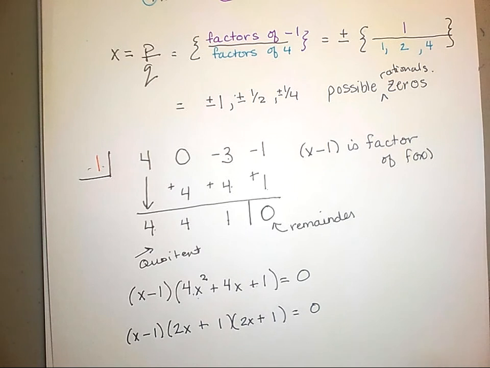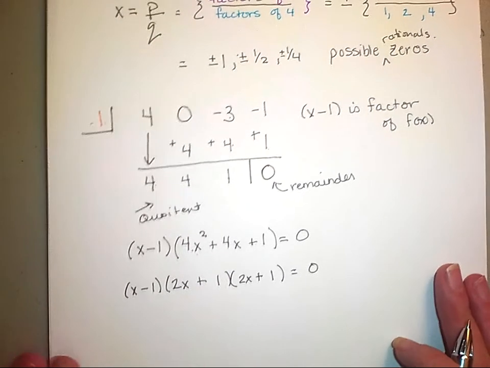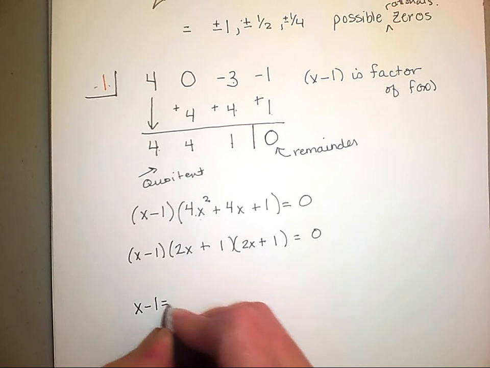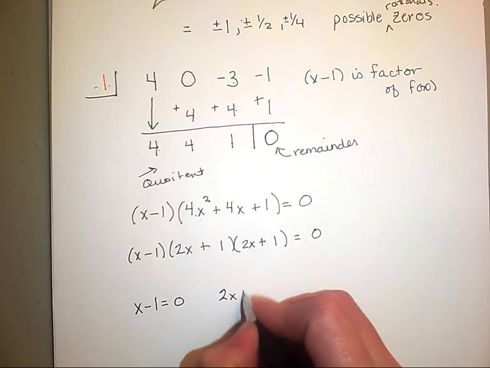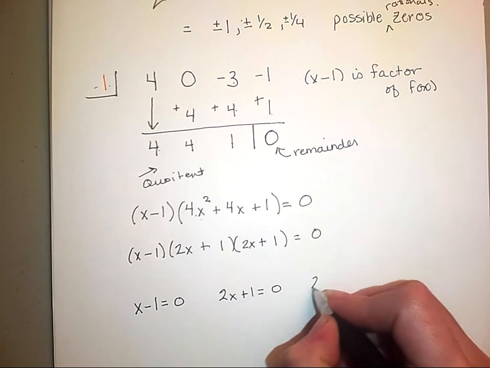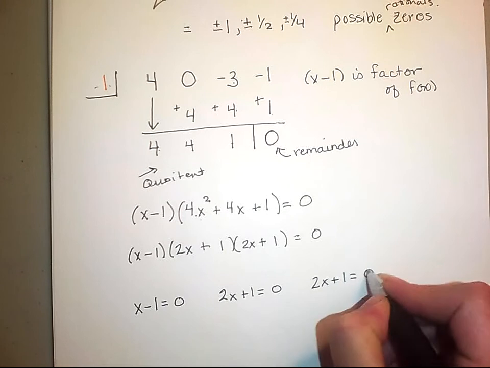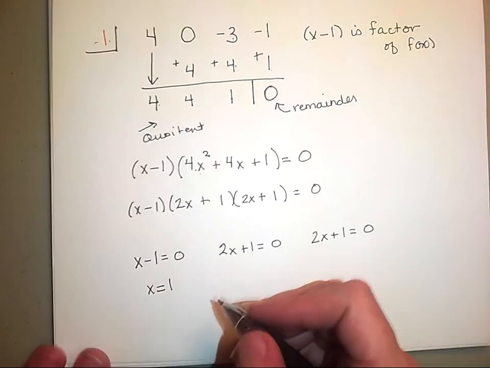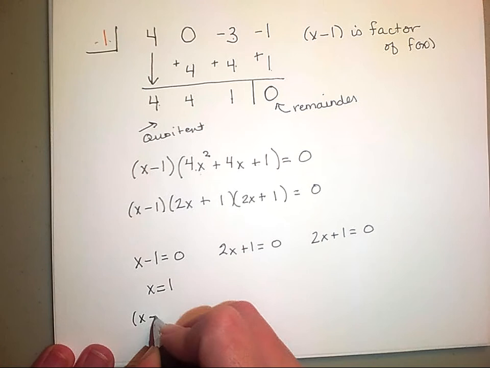Now we can solve this. So it's either that x minus 1 equals 0, or 2x plus 1 equals 0, or again 2x plus 1 equals 0. Here we have x is equal to 1, and so that means x minus 1 is a factor, right?